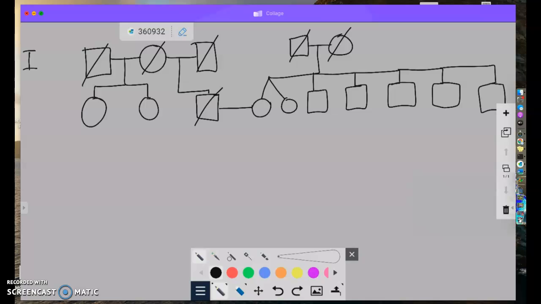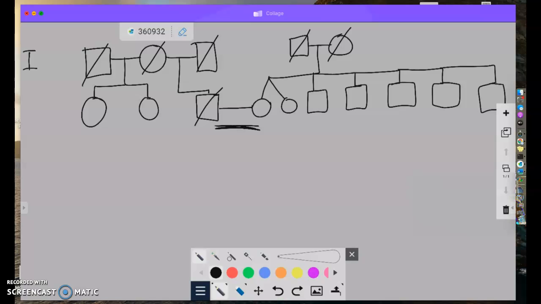Now, usually you put these from youngest to oldest, but I don't really like doing that on here because you want your parents to meet in the middle. So if your grandparents are up here, you've got to make sure mom and dad, however they work, meet in the middle, because otherwise you don't want lines to go over.